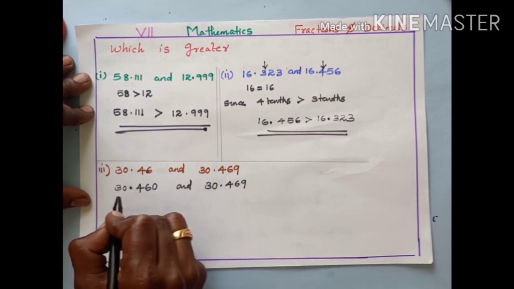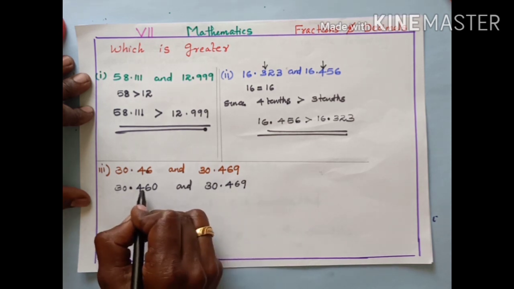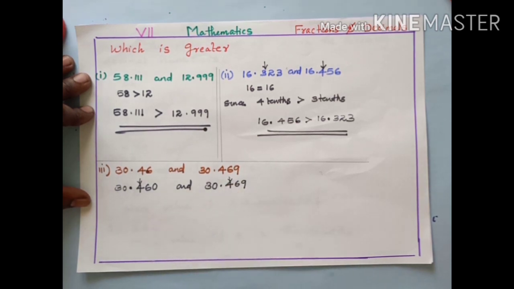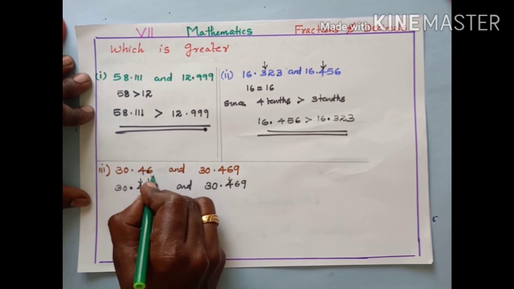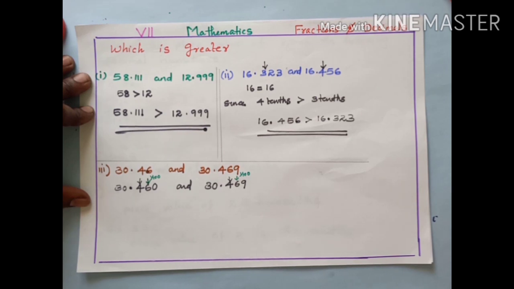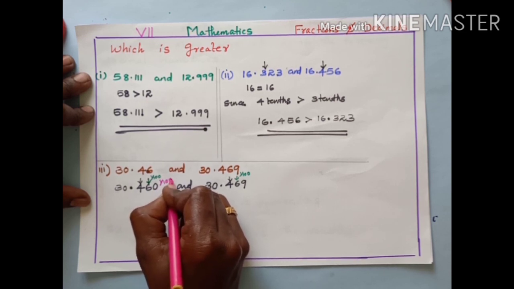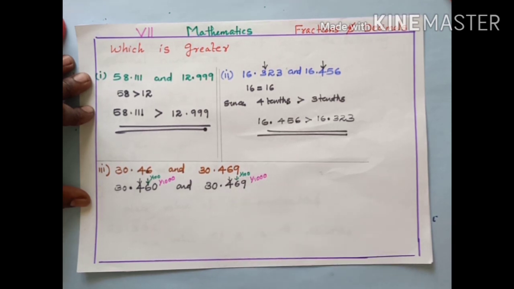Whole number part, both decimals same, 30 and 30. So we compare the tenths digit. 4 here, 4 same. So next compare the hundredths digit. Hundredths digit here is 6, here also 6. Both are same. So next we go to the thousandths place. Thousandths place here is 0, here 9.